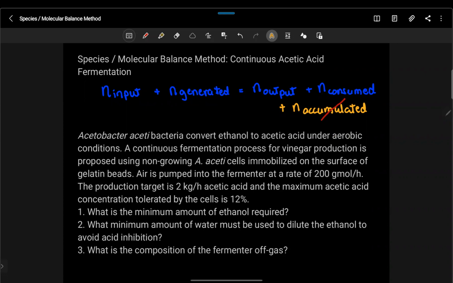Anyway, so a continuous fermentation process for vinegar production is proposed using non-growing Acetobacter aceti cells immobilized on the surface of gelatin beads. Air is pumped into the fermenter at a rate of 200 gram mole per hour. Okay?